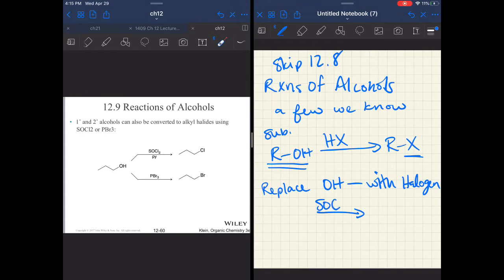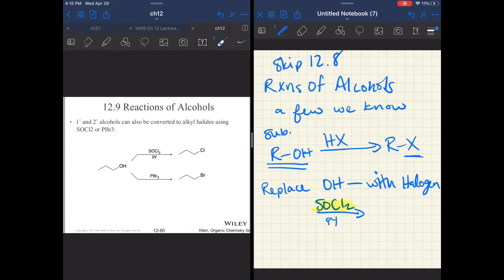SOCl2. This is called thionyl chloride or SOCl2. The PY is just pyridine. It's a base. It's there to pick up protons. This is the reagent that I really want you to focus on. That will convert alcohols, primary or secondary.